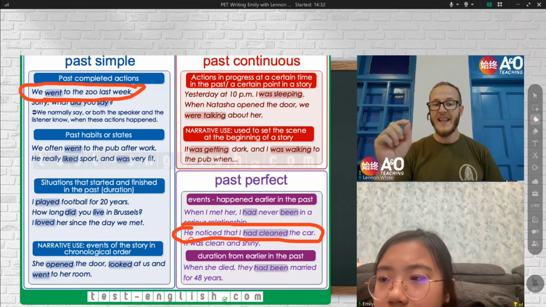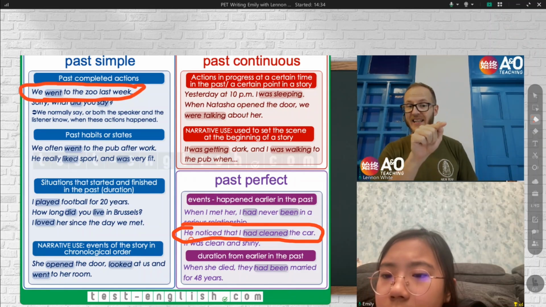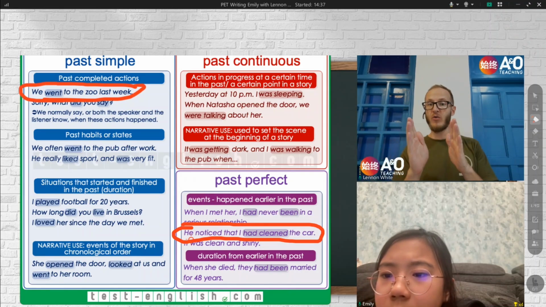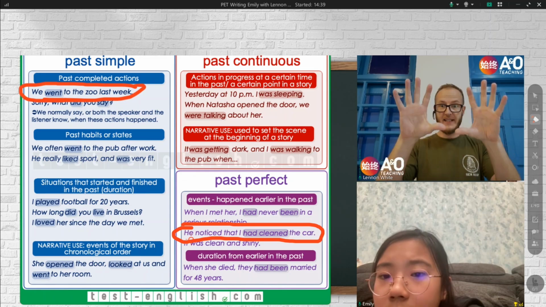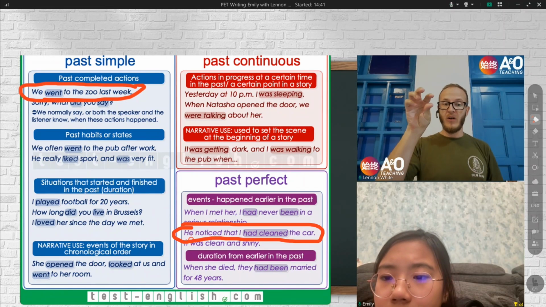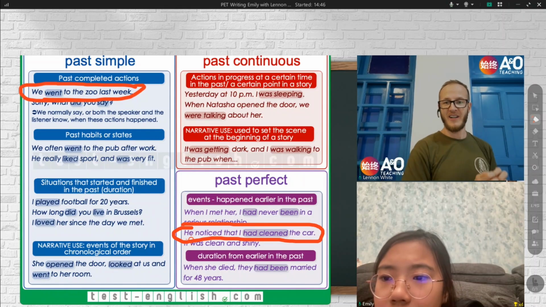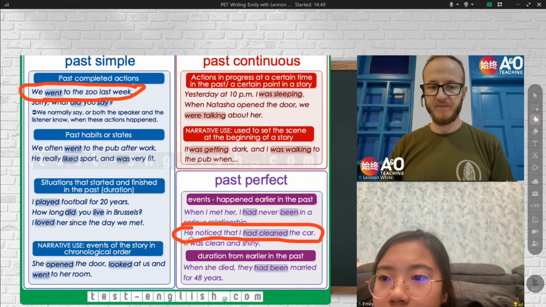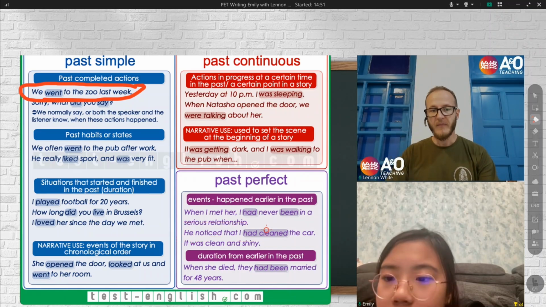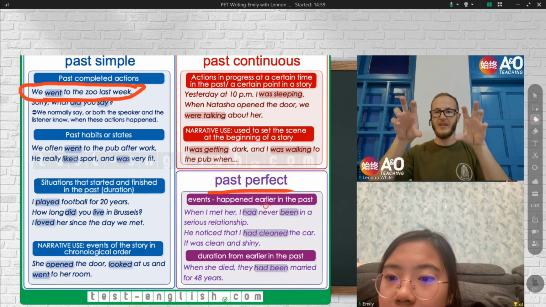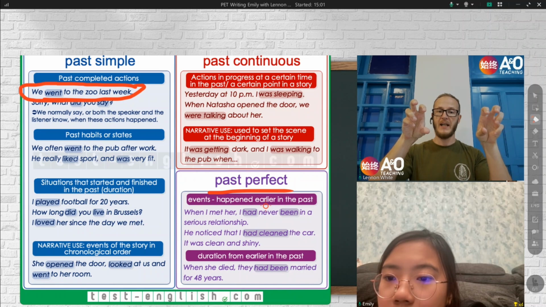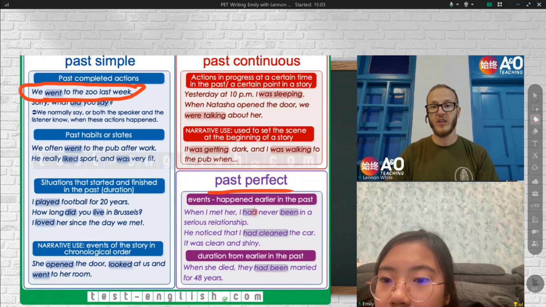He noticed that I had cleaned the car. So we want to emphasize that that person cleaned the car, but before he noticed. Okay? So the point with past perfect is that we use it to compare two actions that happened in the past, but in past perfect, the action happened before something in the past.